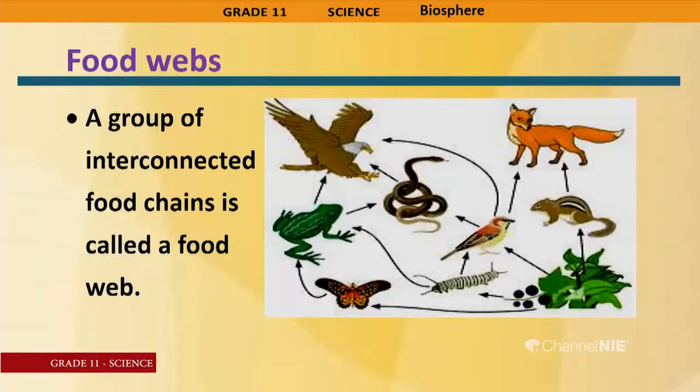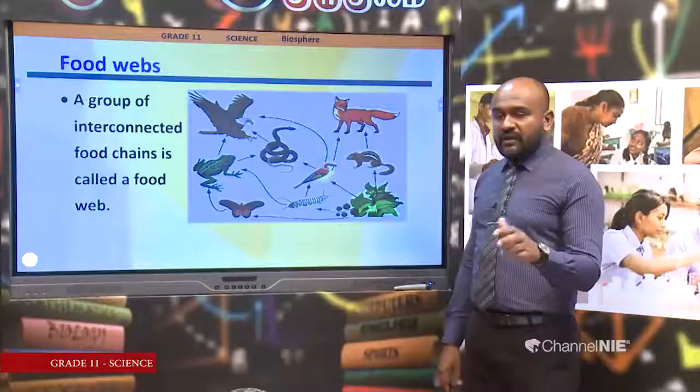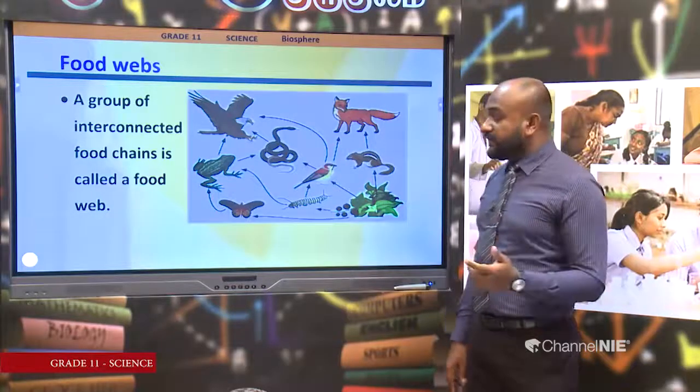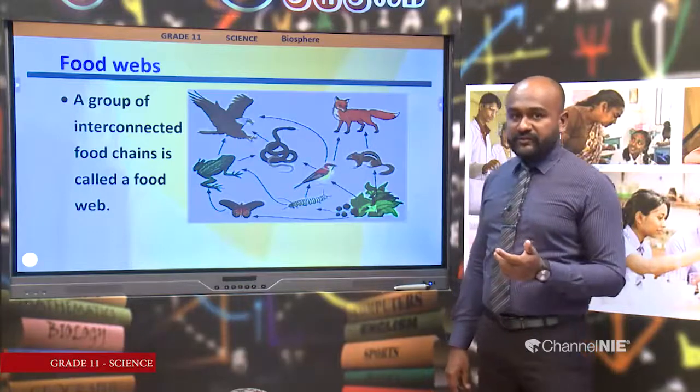Look at the food web on the screen. You can see there is a plant already, a food chain should start with a plant or a producer. It can be a plant product also, it can be a seed, or it can be nectar, or it can be a dry leaf, or a yam, or any plant product, or it can be a plant also.